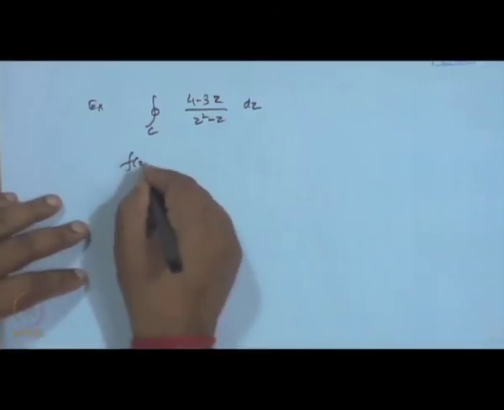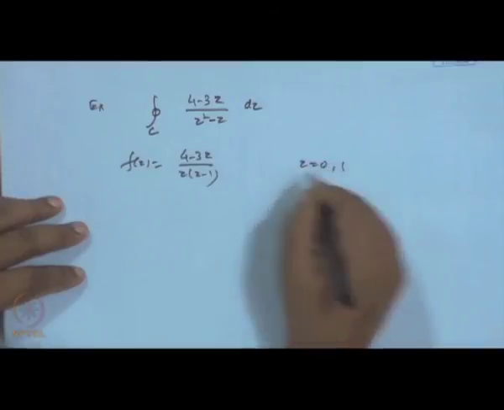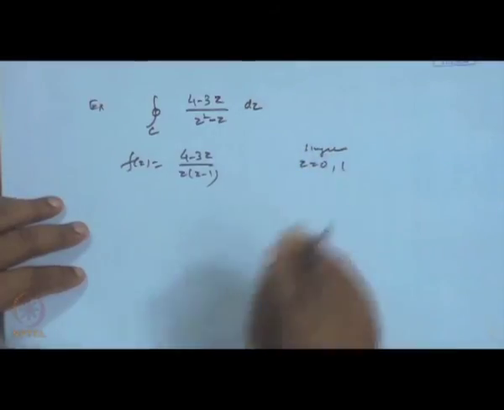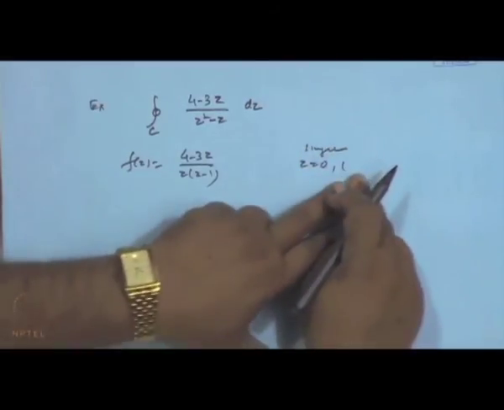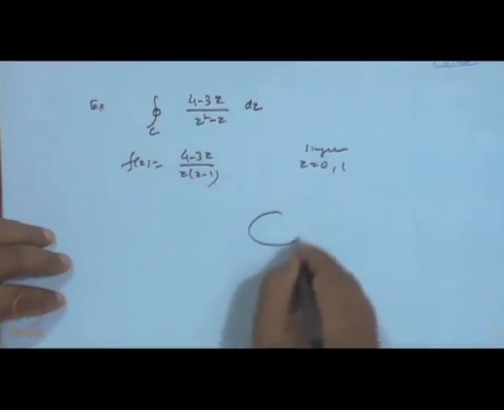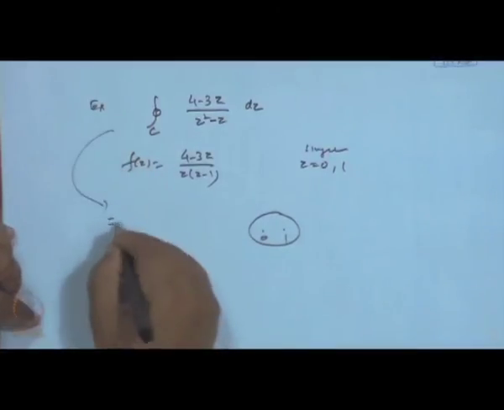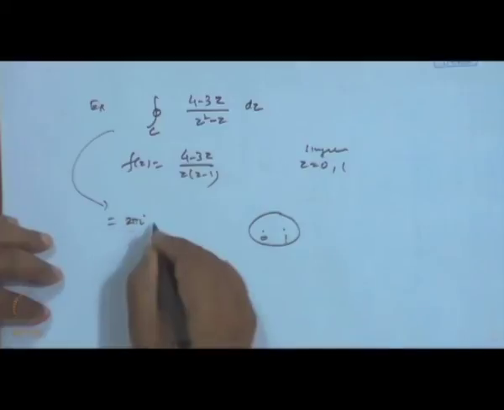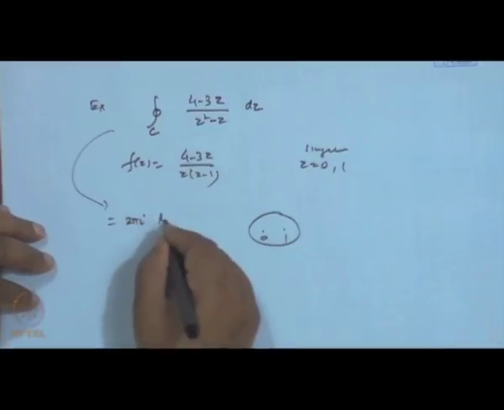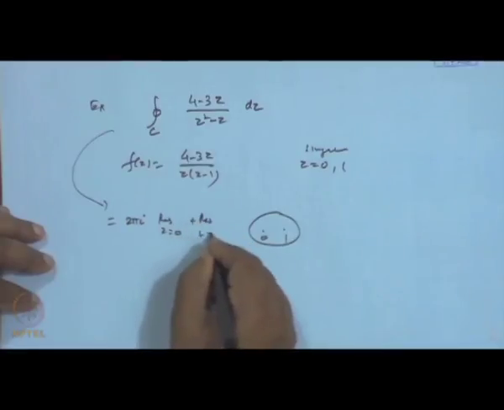If we look at the function f(z) equals (4 minus 3z) over z(z minus 1), it has singularities at z equal to 0 and z equal to 1; both are simple poles. Suppose C encloses both the points 0 and 1. Then the value of this integral will be 2 pi i times the sum of the residue at z equal to 0 plus the residue at z equal to 1.